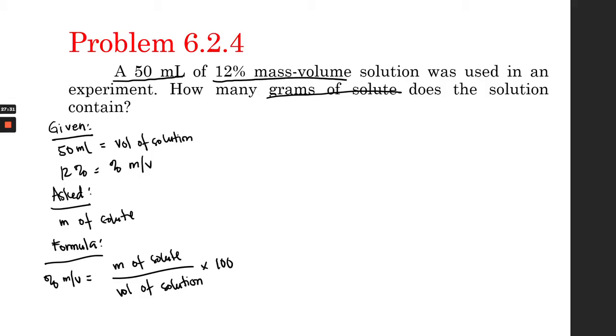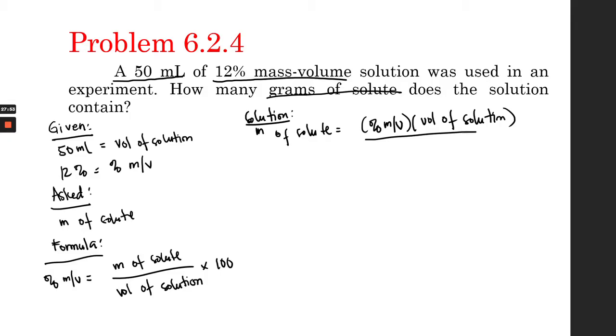In order to get the mass of solute, we rearrange the equation: mass of solute is equal to percent by mass volume multiplied by the volume of solution divided by 100.